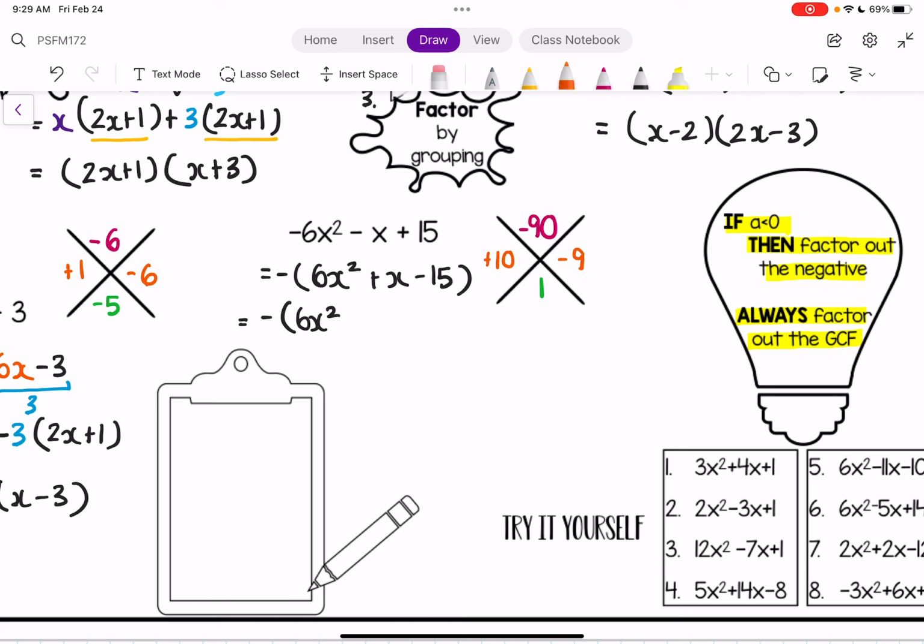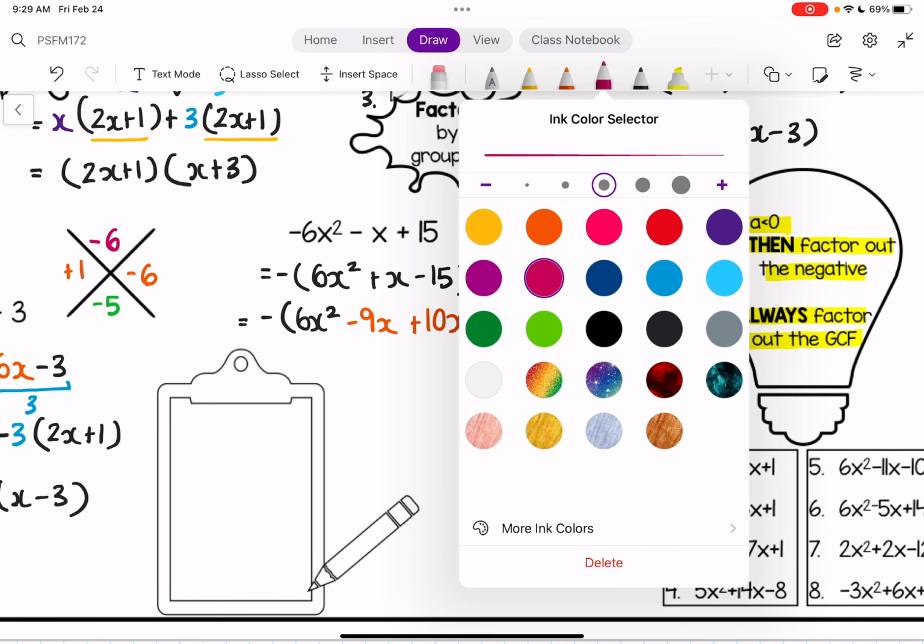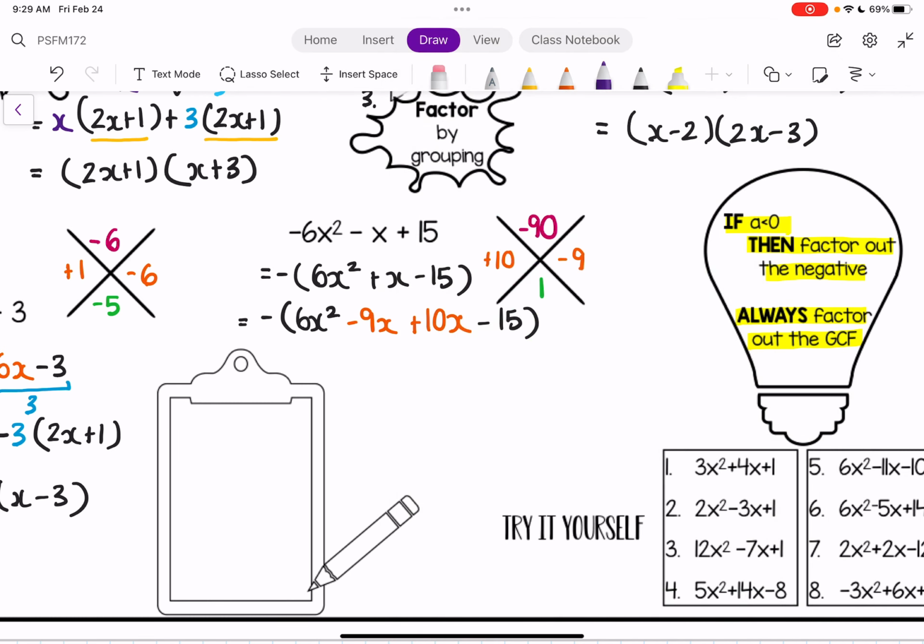And now we split. And we have here a common factor of 3x.